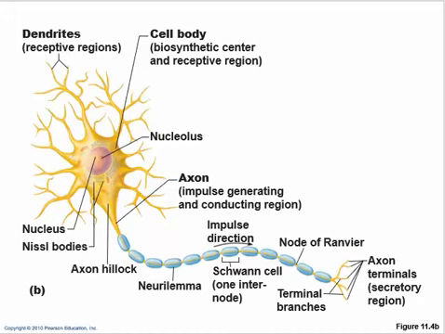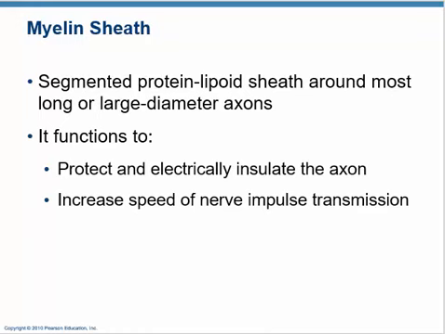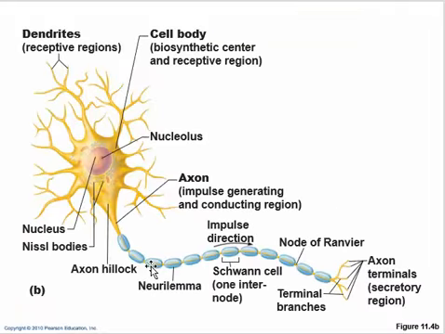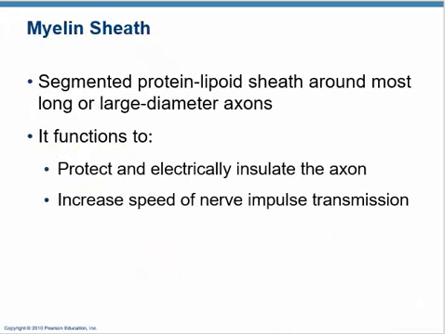So same picture that we just saw. Now, the myelin sheath, which is made up of the Schwann cells, if we go back to here, this whole axon is covered by these Schwann cells. And that collectively is called the myelin sheath. And so that electrically insulates the neurons from each other. So an action potential in one axon doesn't cause an action potential in a parallel one.